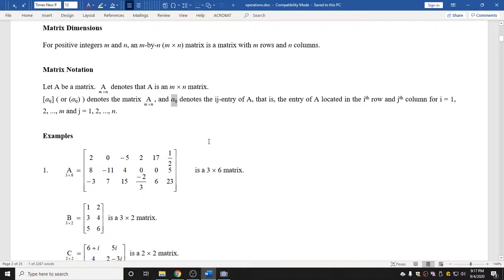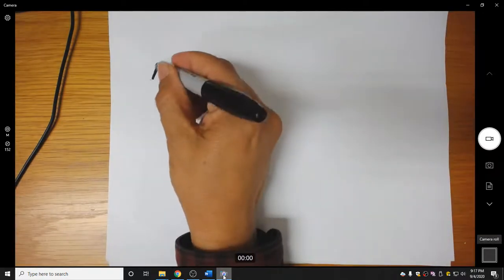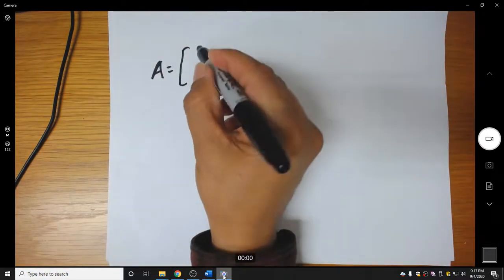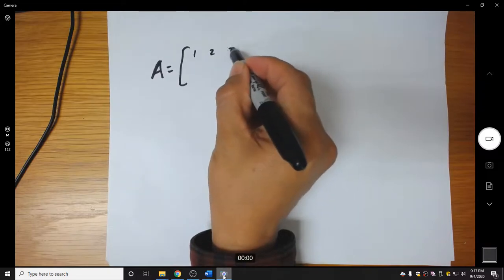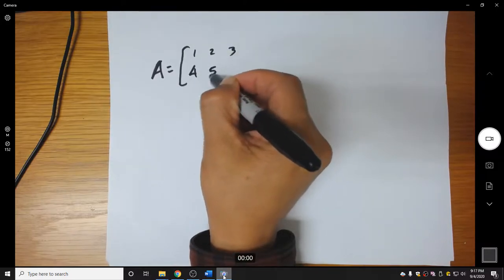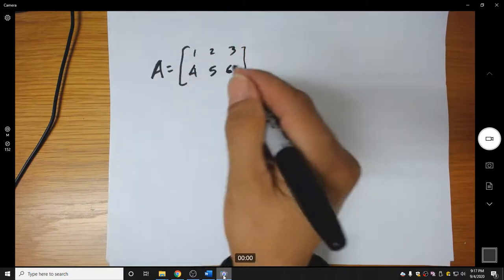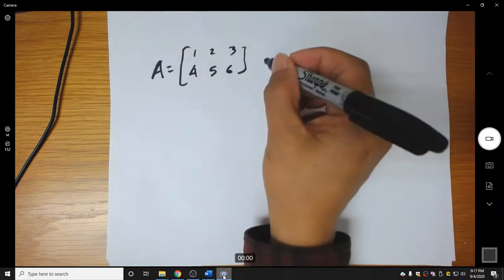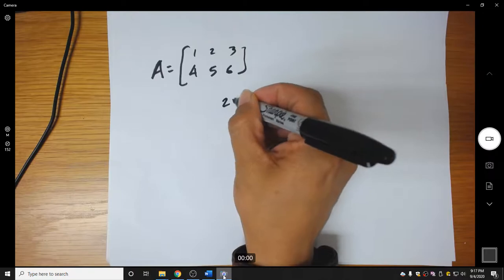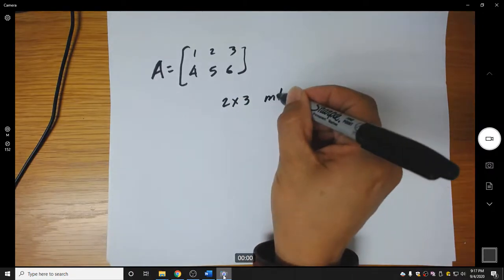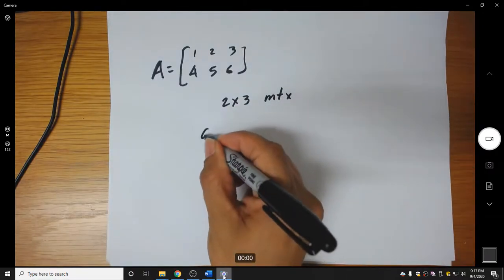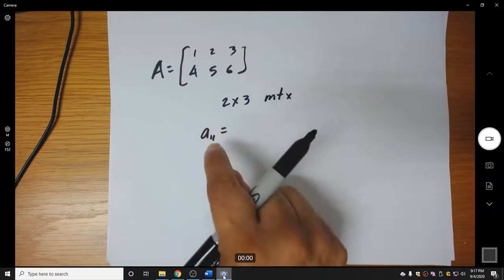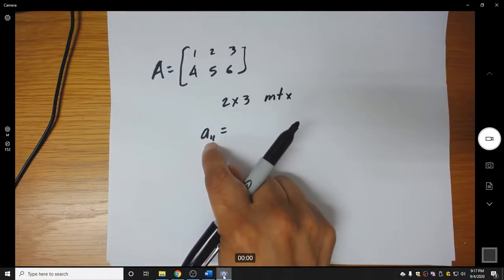So let's turn to the camera to clarify that with an example. Let's say that A is the matrix 1, 2, 3, 4, 5, 6. This is a 2 by 3 matrix. So a11 denotes the entry that's located in the first row and first column.